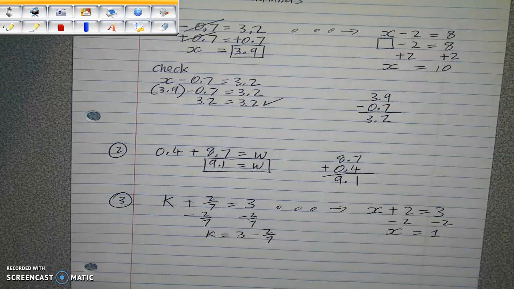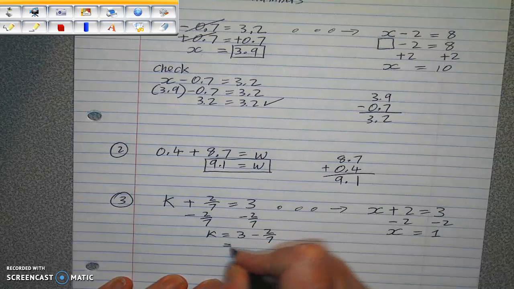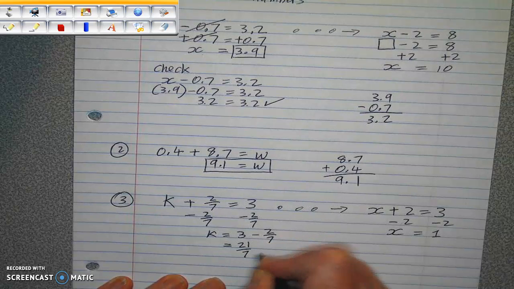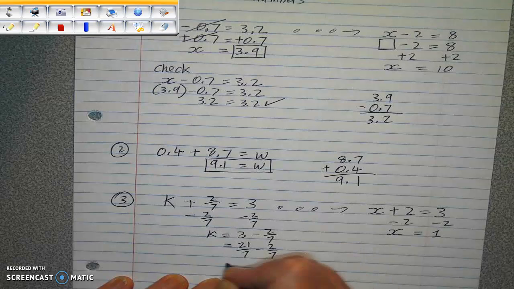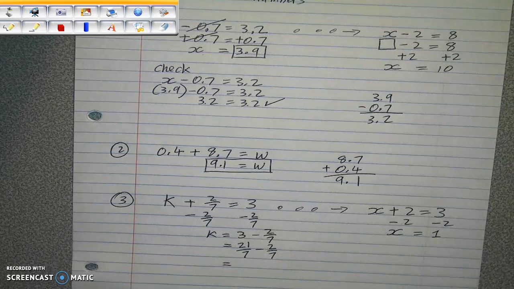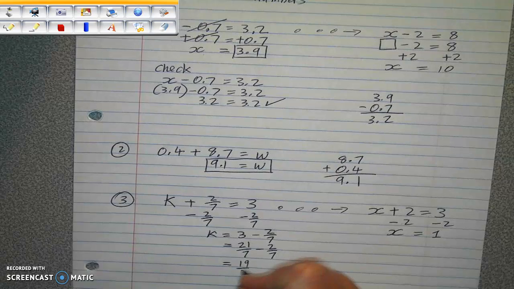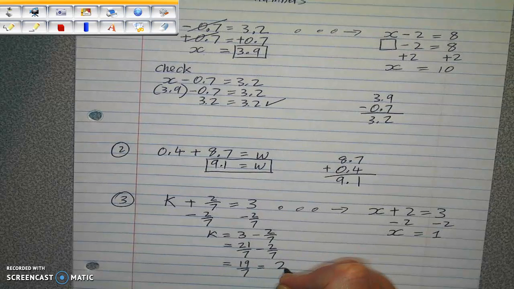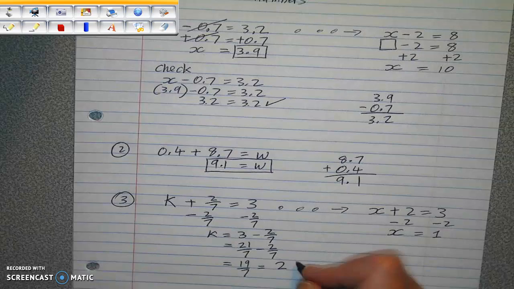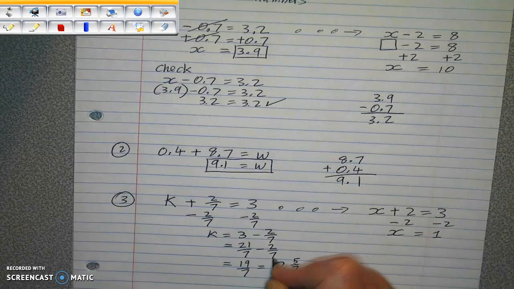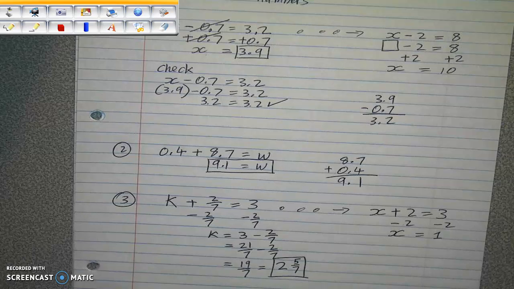Or we can write the 3 as the total number of sevenths that it would be, which is what I'm going to do. That would be 21/7 minus 2/7. Because remember, 3 is 7/7, which is 1, plus 7/7, making 2, plus 7/7, making 3. So that's 21/7. So this would be 19/7, which would be 2, that's 14 of the sevenths, and 5/7. 2 and 5/7 would be the answer.